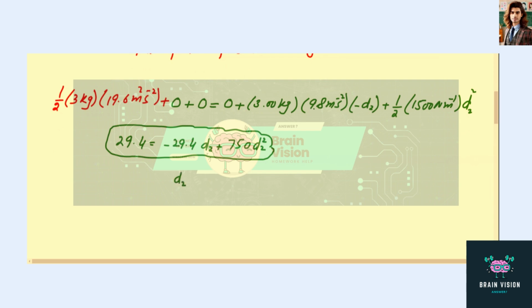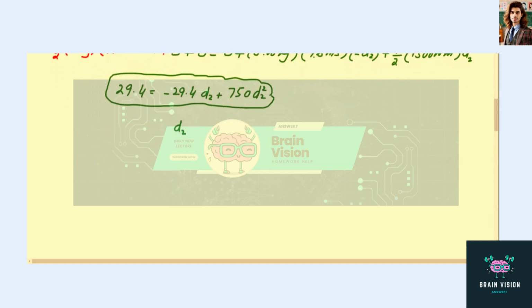We can use the quadratic formula to get the value of d2. By solving this equation we will get d2 equal to 0.22 meter, and the second value is minus 0.18 meter.